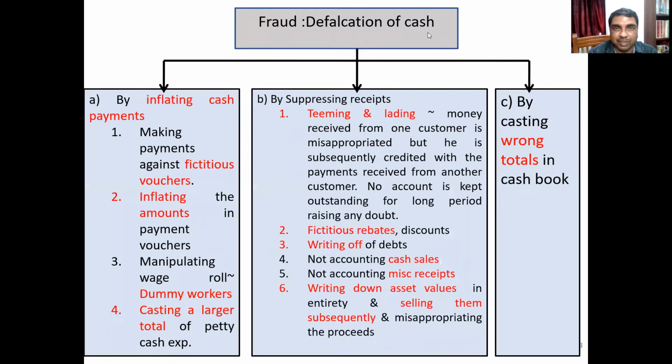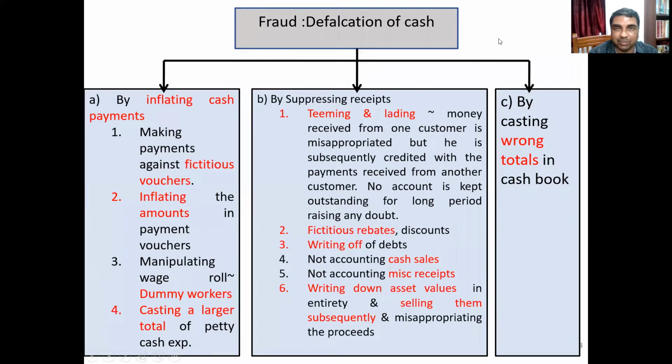And coming to a particular fraud, which is called defalcation of cash. In that context, we have seen there are three situations. One may defalcate cash by inflating the cash payments, by suppressing the cash receipts, and one method we have also discussed, which is popularly called the teeming and lading method, and by doing wrong casting in the cash book one can defalcate cash.